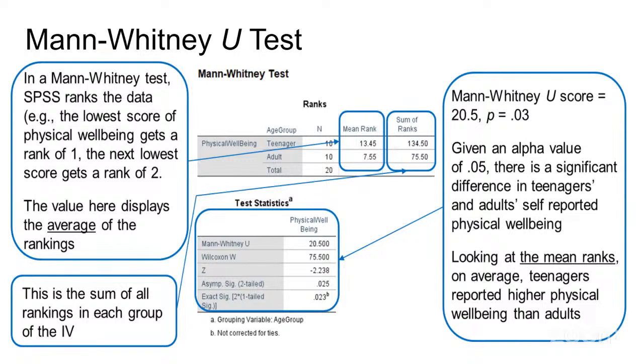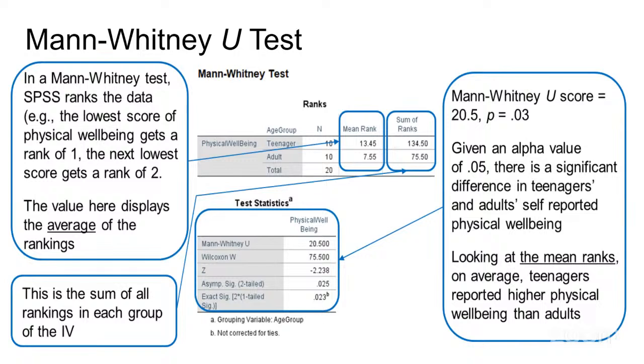So here you can find the mean rank, 13.45, and the sum of the ranks is 134.5, because here the mean rank is considered. This is the sum of all rankings in each group of the independent variable.